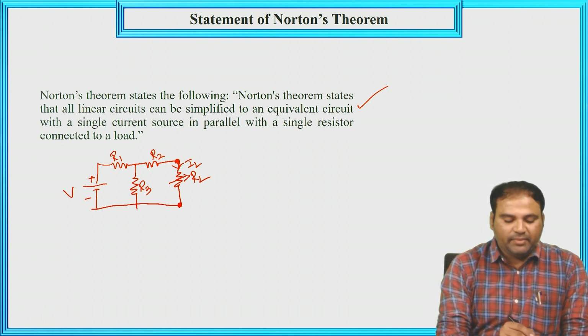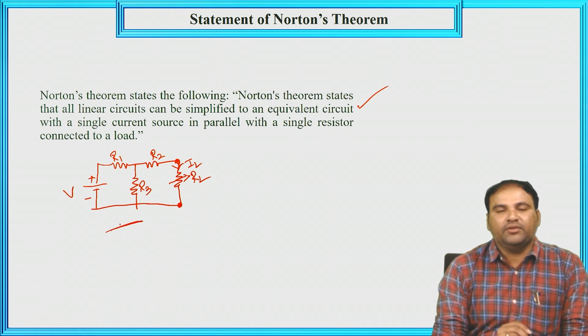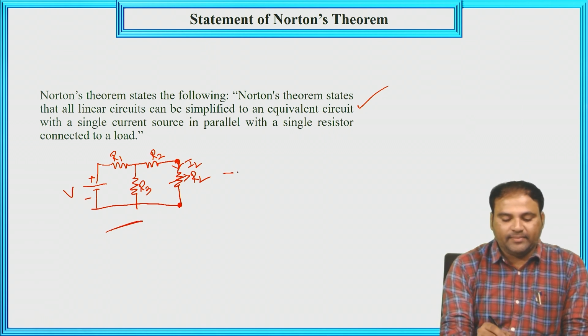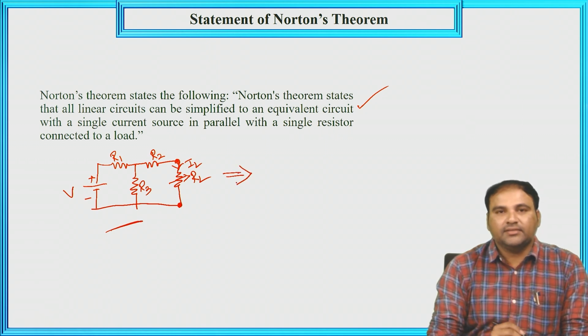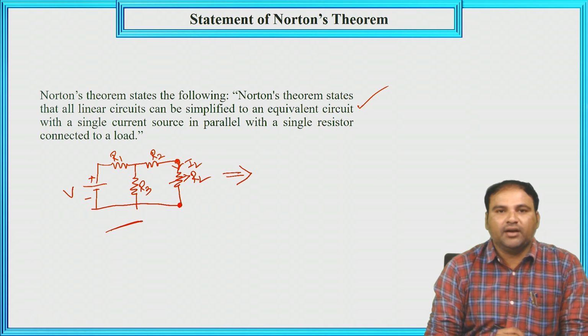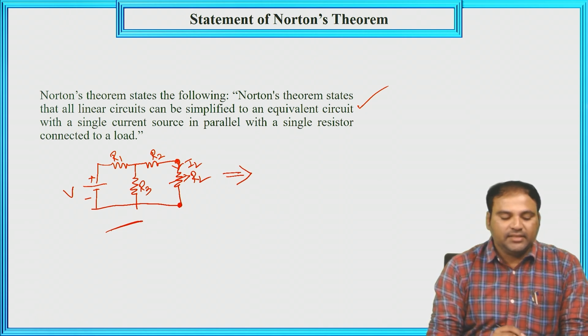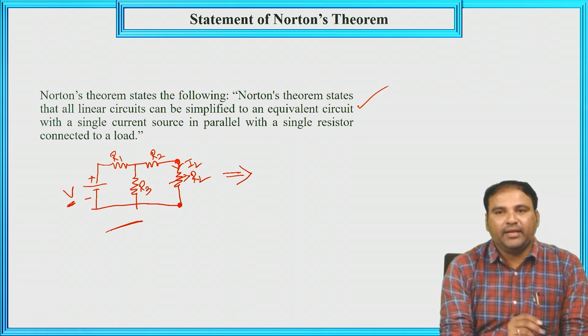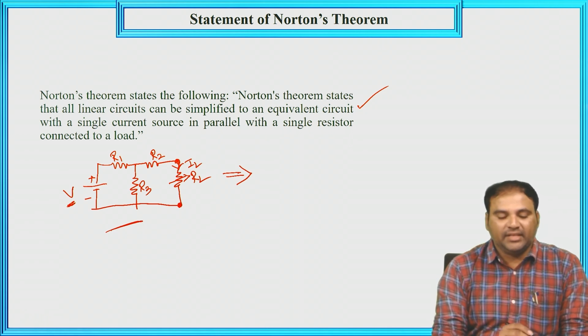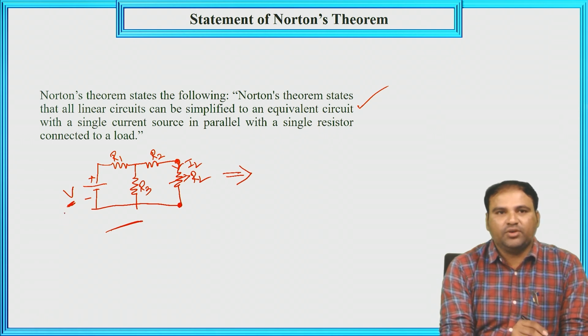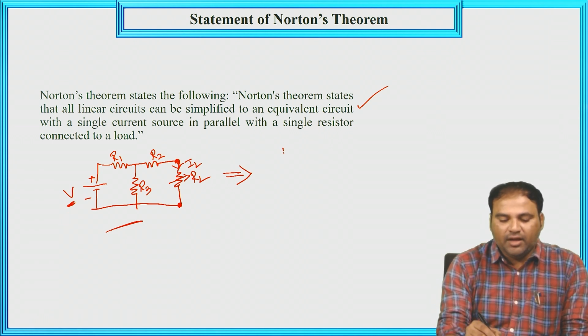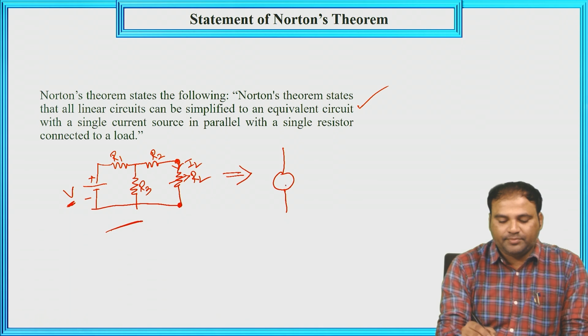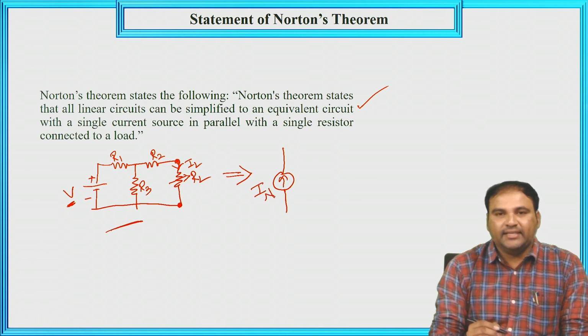Now this main circuit will be converted into the equivalent Norton's circuit. Here we have the total voltage V, which is replaced by Norton's current, IN.